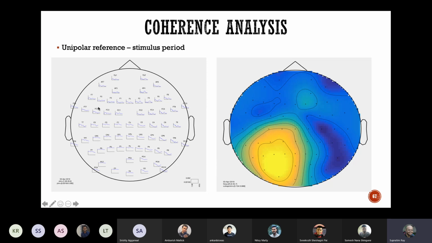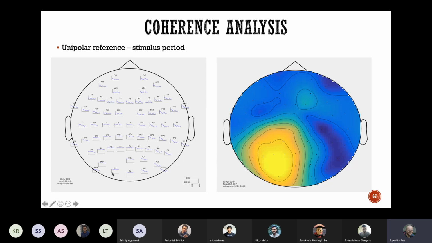But you will get a phase coherence profile which will look like this. And notice that electrodes that are close to this particular electrode are almost coherent at all frequencies. This P3, P1, you can see it remains very, very high at all frequencies.